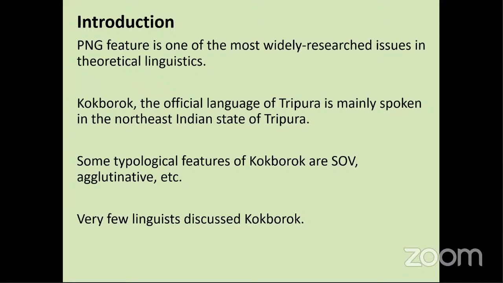Then we can see some typological characteristics of the language. Typologically, Kokborok exhibits verb final word position with dominant SOV order. It has a highly agglutinative word structure. Verbs are inflected for tense, aspect, and mood.